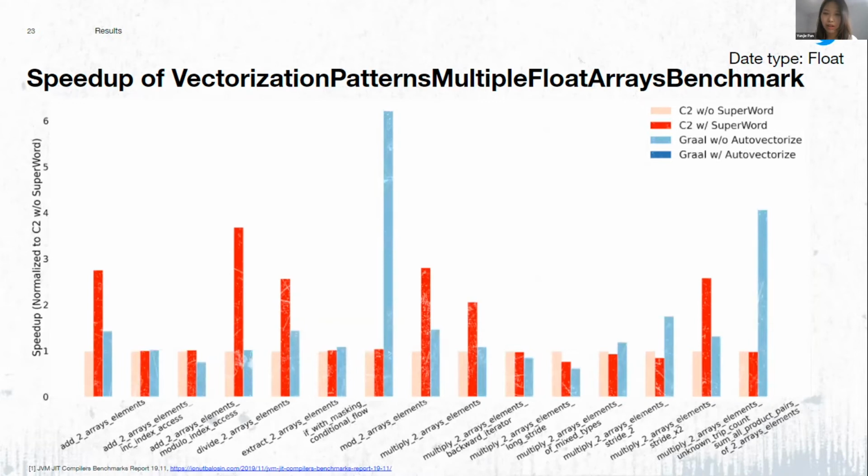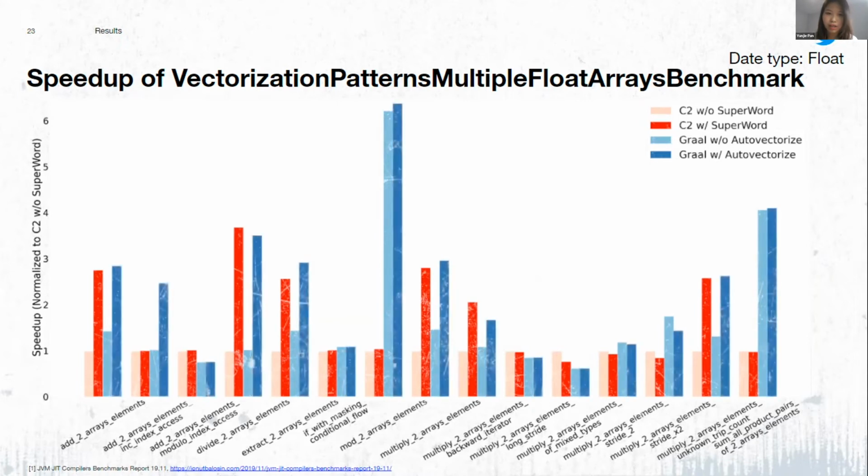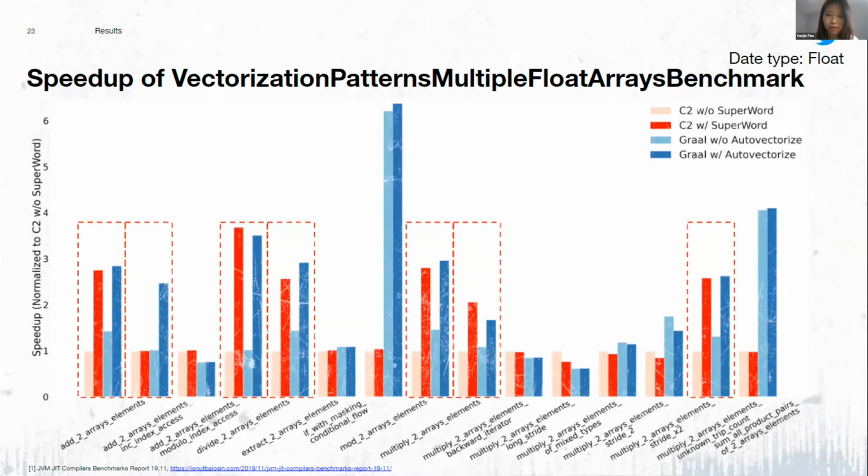The third bar shows the Graal without auto-vectorize, which is the scalar version of Graal. And finally, the dark blue bar shows the performance of the Graal with our auto-vectorize. We can see that for most of the cases, when C2 with superword could detect the vectorizable versions and successfully transform them to vector instructions, it has better performance.